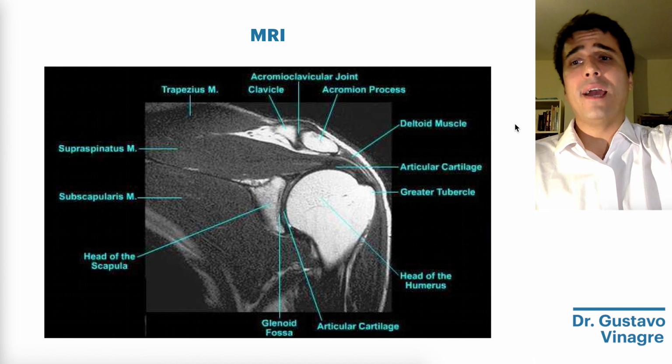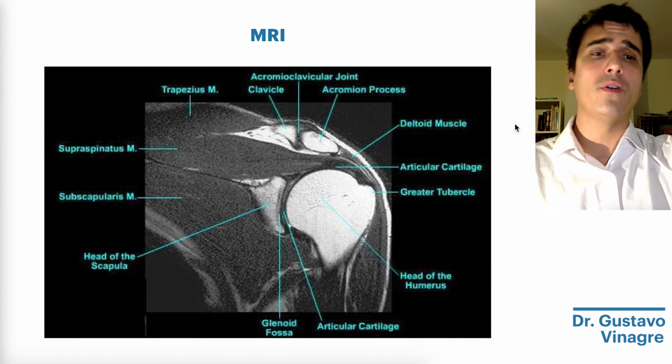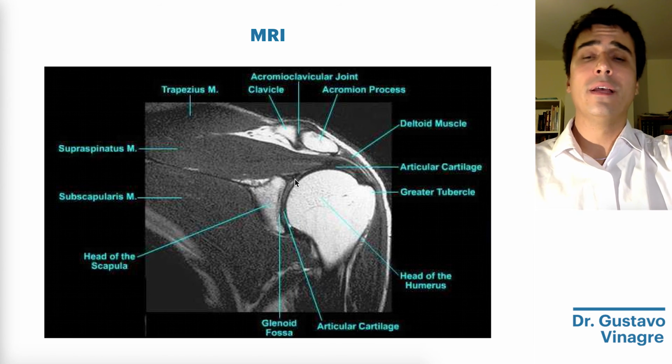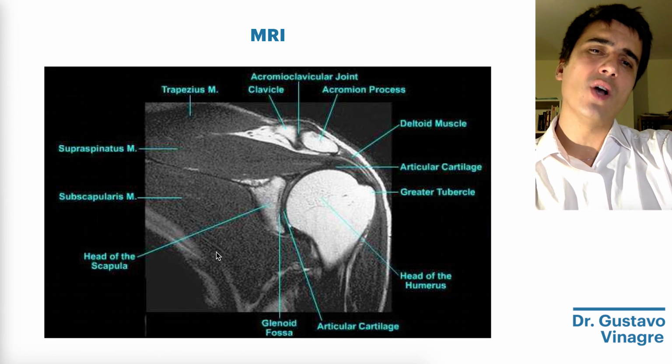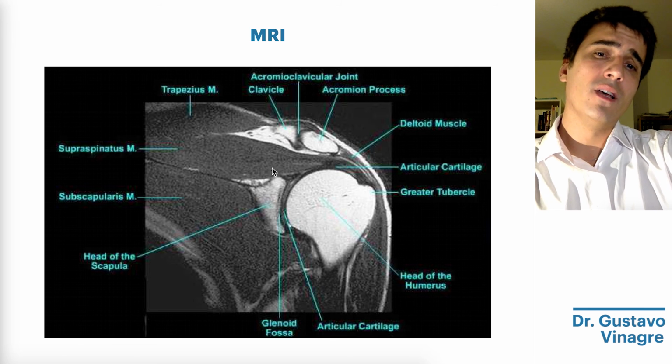And the MRI is a conventional MRI. It's very useful, very commonly done. So here you can see all the muscles, the tendons.